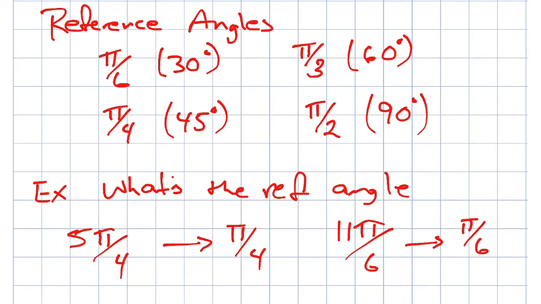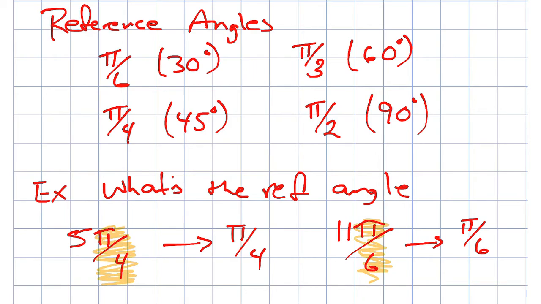Whatever that pi over the denominator is, that's the reference angle. It just means that you have 5 pi over 4 angles, so 5 45-degree angles, or you have 11 pi over 6 angles, or 11 30-degree angles. But the reference angle is that pi over the denominator.